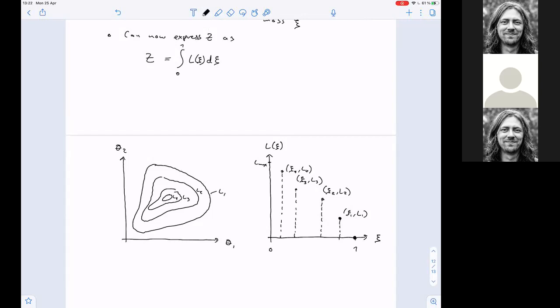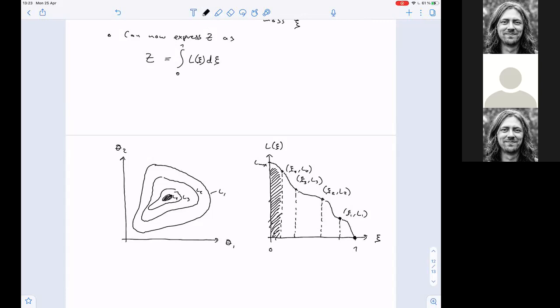And for instance, the contribution to the evidence from this highest likelihood region will correspond to this part, and similarly for decreasing likelihood contours.